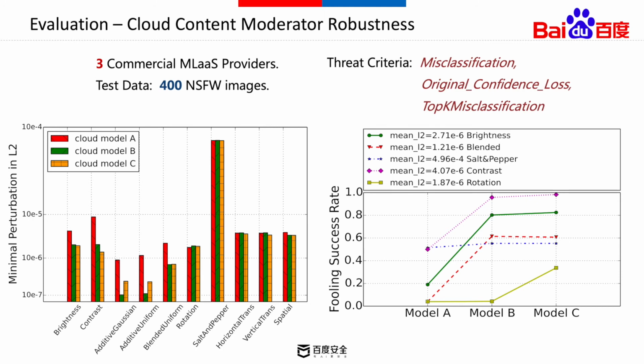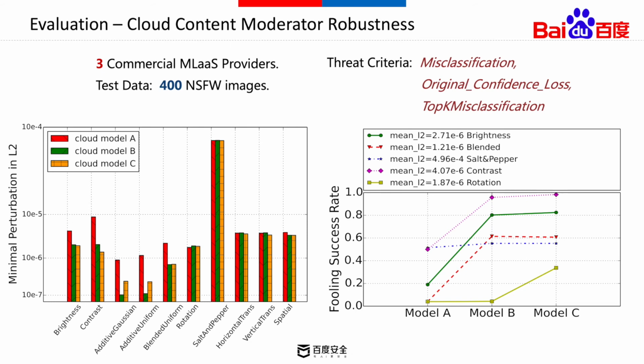Since the output format of the cloud-based models varies, the prediction results can either be the logits or the class labels. Thus, we employ a combination of threat criteria including misclassification, original confidence loss, and top K misclassification. Our goal is to find minimum perturbation to the input so that the perturbed one is no longer considered NSFW.